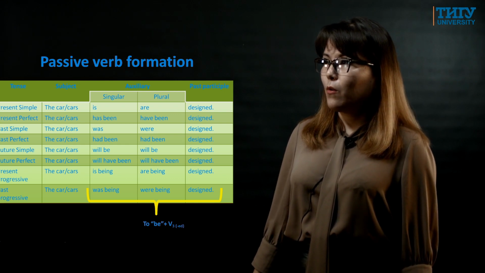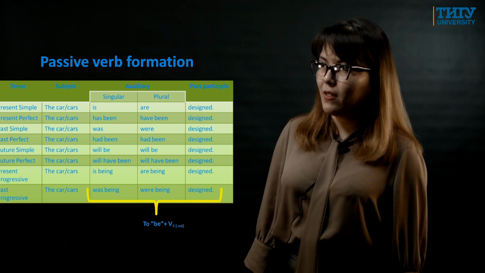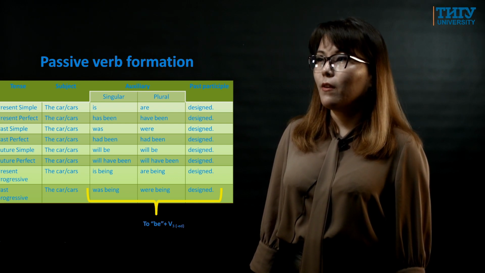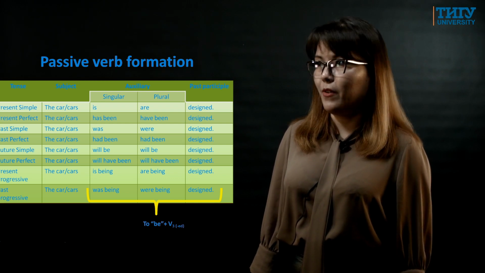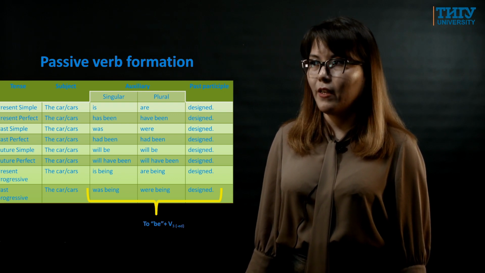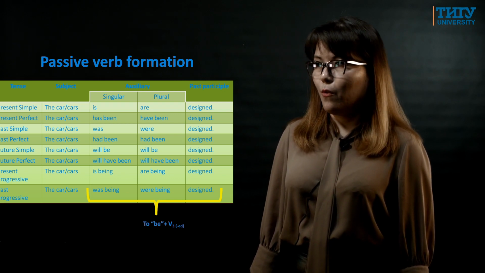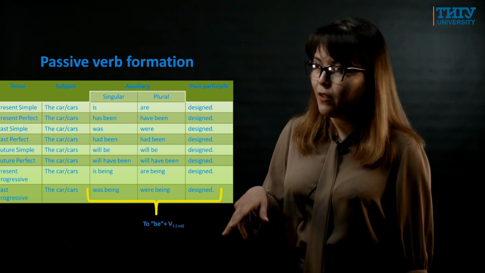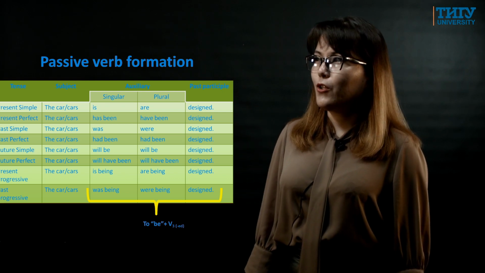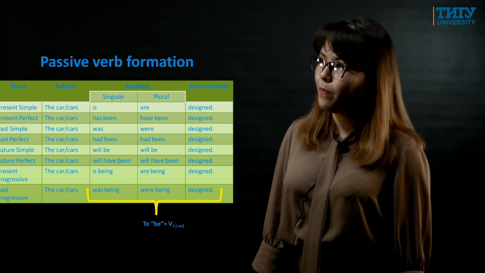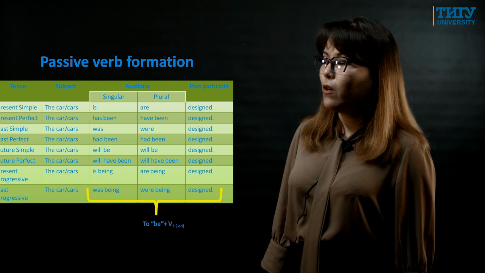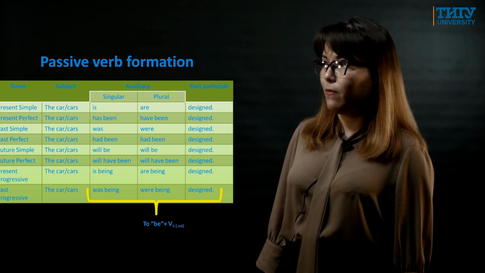So according to our previous video, we may say that the girl threw the stick into the river, yeah? This is the active voice. So the girl took that stick and threw it into the river. So what tense is it? It is past simple. So we should change it into the passive voice.